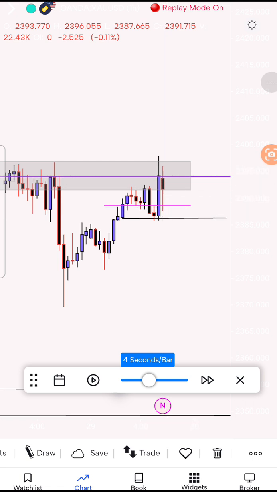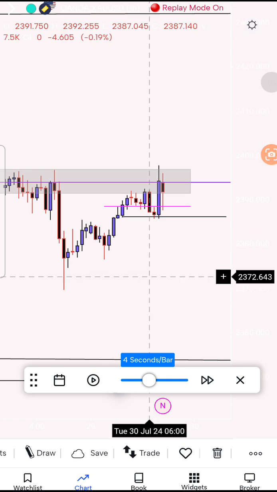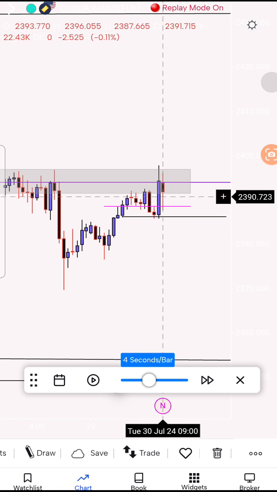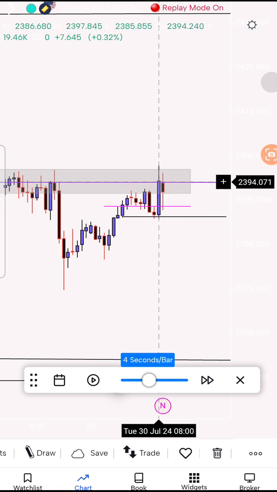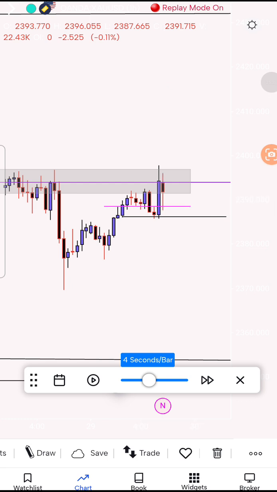We are currently in ranging conditions, which I think I personally maybe could have entered immediately when this candle opened with my stops below here. But you can see currently I could have been in deep drawdown, and that's why it's always ideal to just wait for a fair value gap to be confirmed.